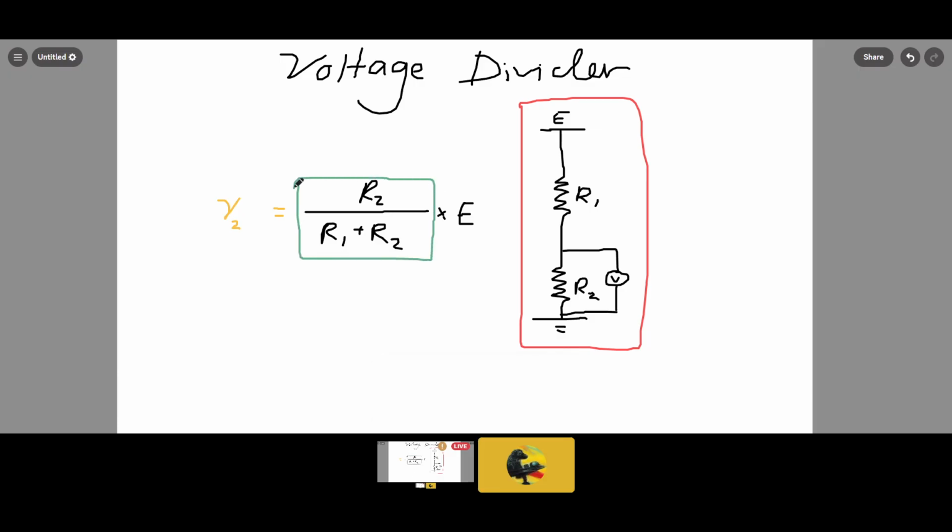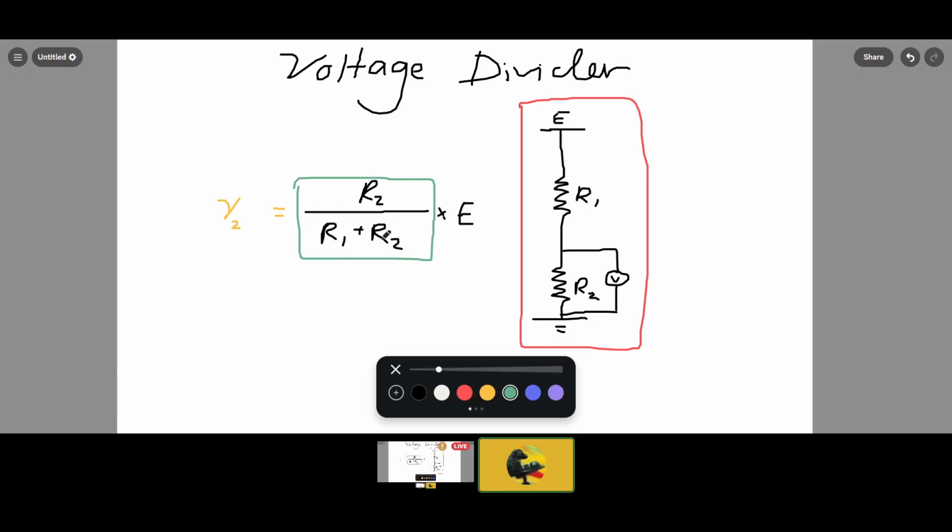We can see in the denominator of this fraction, it is the resistance of R1 and R2. And at the numerator, it is actually R2. It just so happens that we're trying to find the voltage output at R2. The numerator here is what determines which resistor you're trying to find the voltage across.